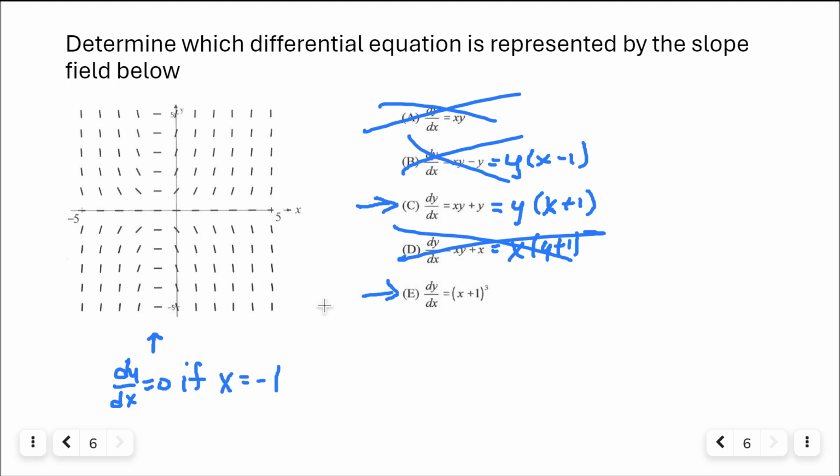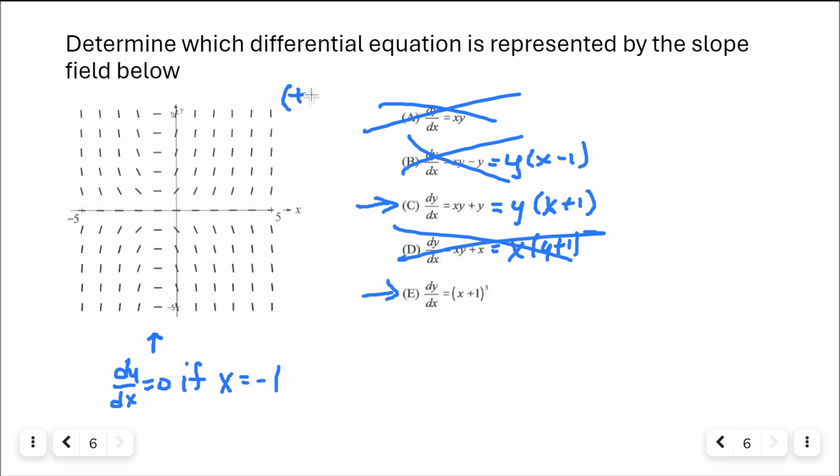Okay. So the other thing you can do is look at the actual slopes themselves. So for example, look for patterns in the quadrants. In quadrant 1, it looks like all the slopes are positive. We agree? Well, that would match.